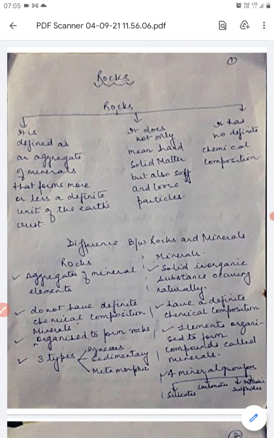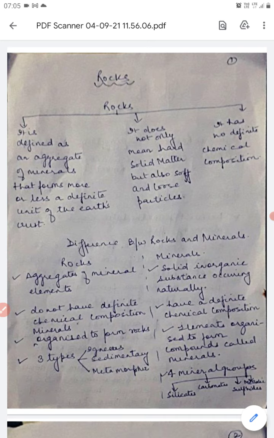Minerals organize to form rocks, whereas elements organize to form minerals. So rocks form from minerals, and minerals are formed from the elements.